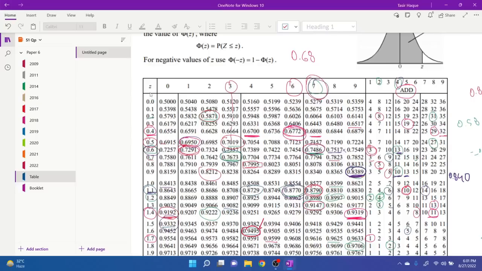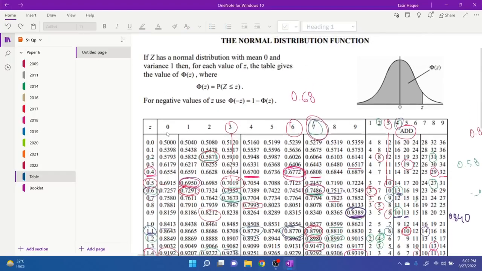It's 0.53 to the third decimal place, so there's another 3 over here. For that 3, I am going for this value, which is 10. So it's basically this value, 0.7019, but due to this 3, we need to add this 10 to the last two values, 19.